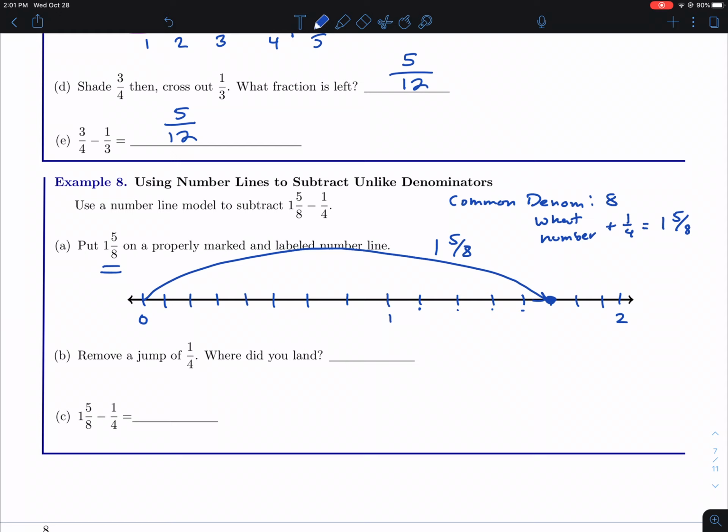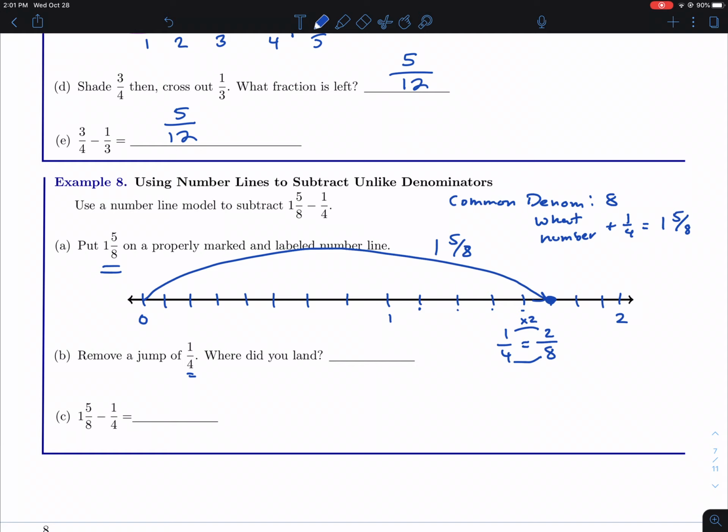Even before we can do that, we can't do anything with this 1/4 until we convert it into a common denominator. So the first thing we need to do is convert this into something over 8. To go from 4 to 8, I had to multiply times 2. So I want to do the same thing here, multiply the 1 times 2 to give me a 2. So 1/4 is the same thing as 2 over 8.